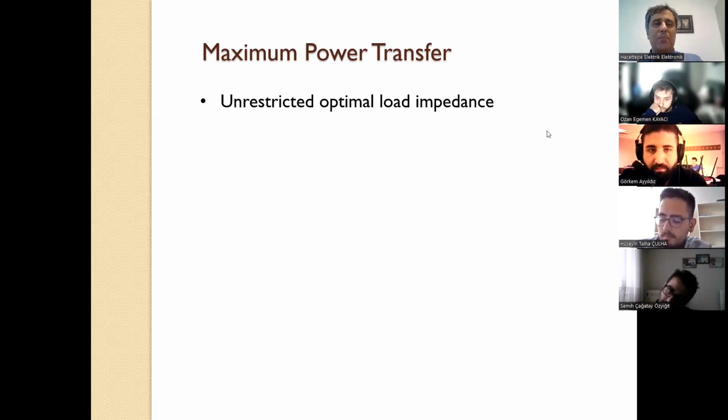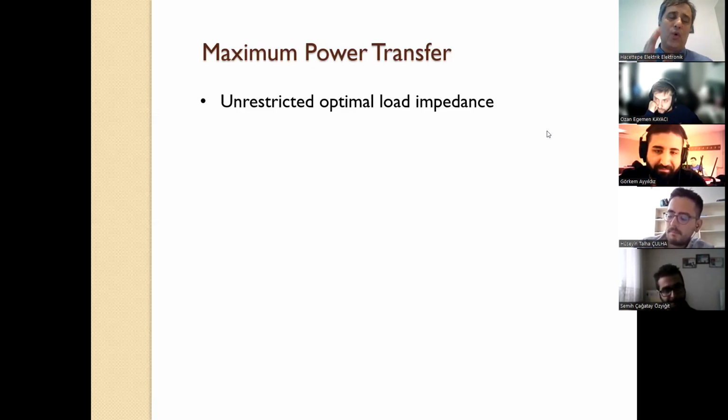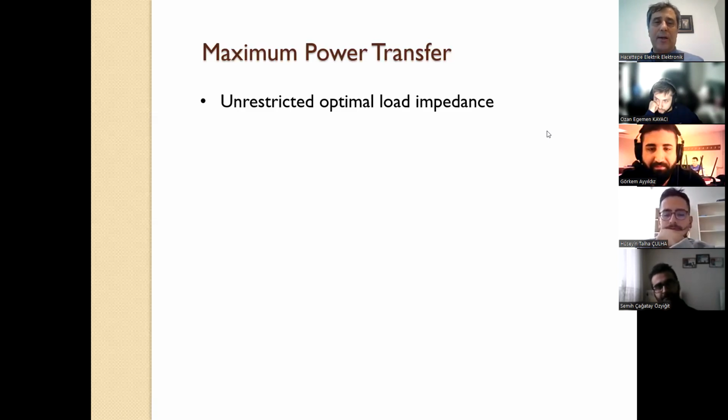You would like to have the maximum average power drawn from the circuit. That's the basic optimization that we have to share about this. When we talk about the maximum power transfer at this stage, you can be sure that we are talking about maximum average power transfer from the source side to the load side. Okay.